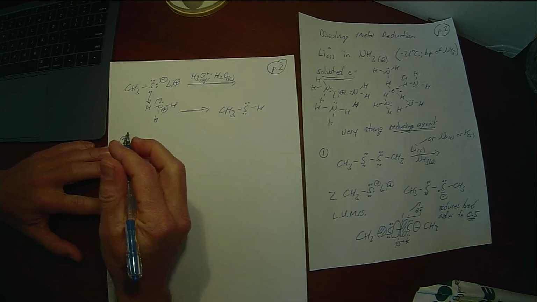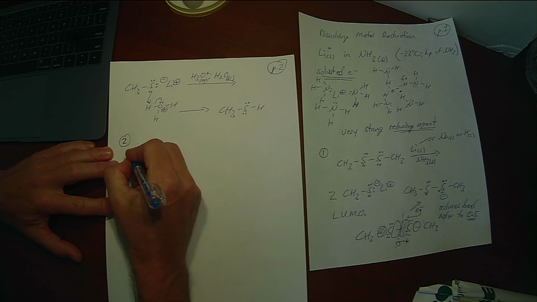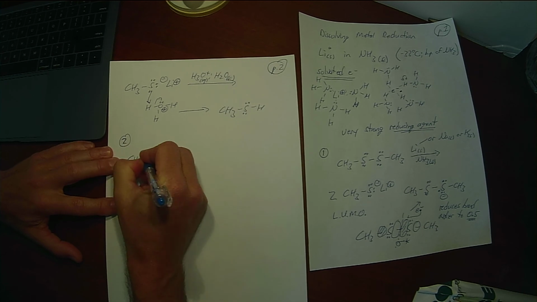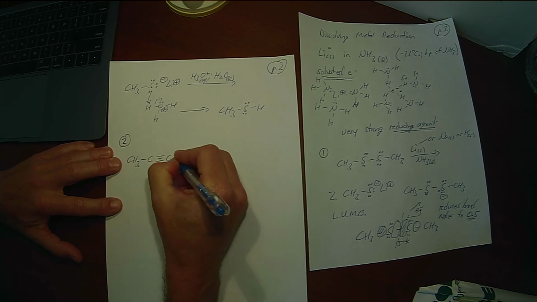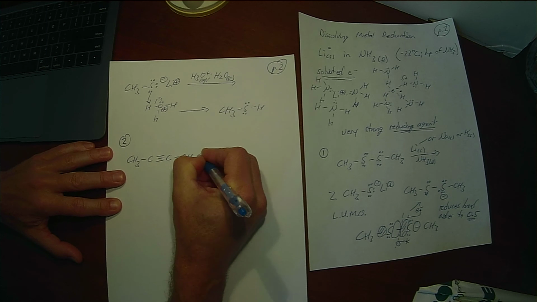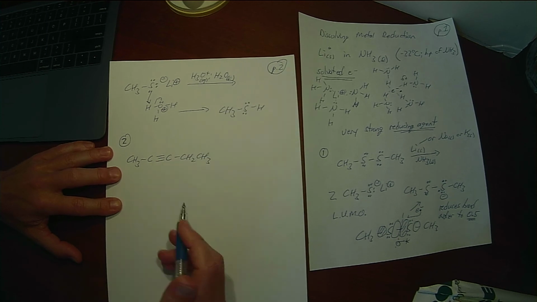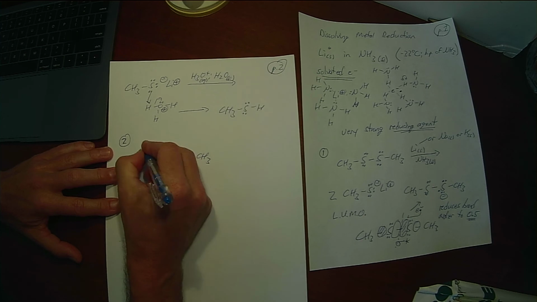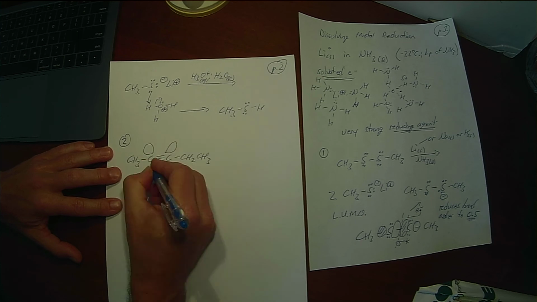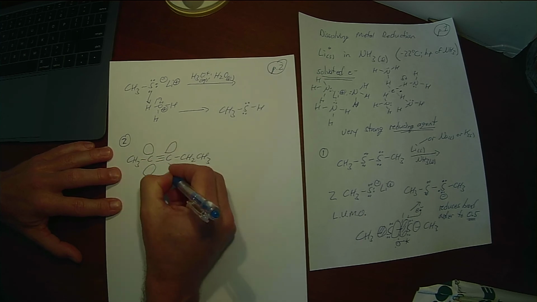I think it was actually even on the exam. The reaction that we're working with now is similar, except now we're working with a carbon-carbon triple bond, and the lowest unoccupied molecular orbital is pi star.